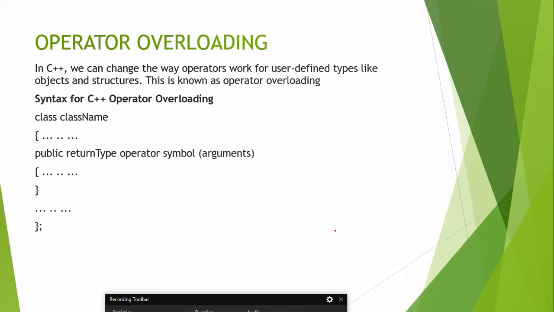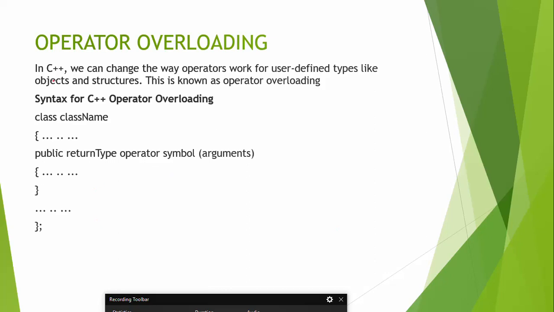Suppose the two operands belong to a user defined data type like an object, structure or union. In that case, it is difficult for that operator to do the work. So in that case, the work of that operator is overloaded. This is an example of operator overloading.